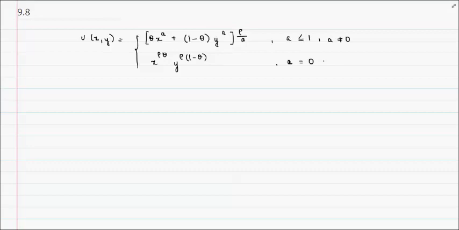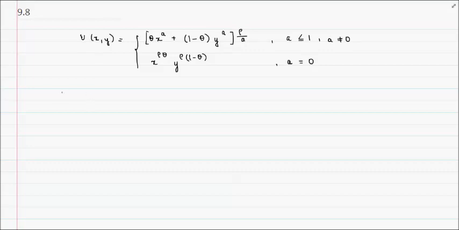Question 9.8 is just asking you to find the marginal utility of x and marginal utility of y for the case of a smaller or equal to 1. So what we do is differentiate the utility function.